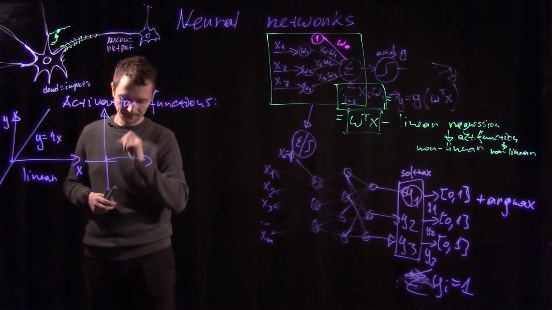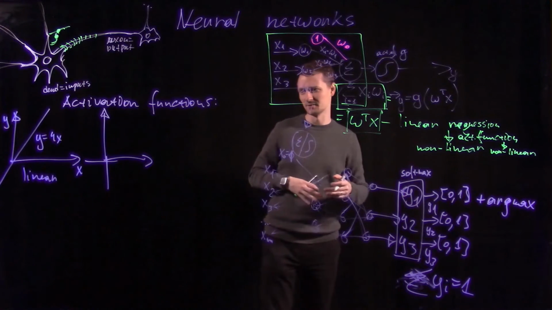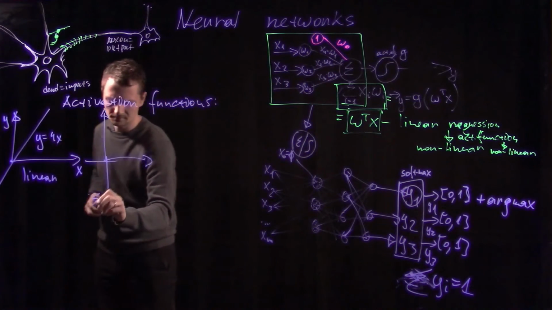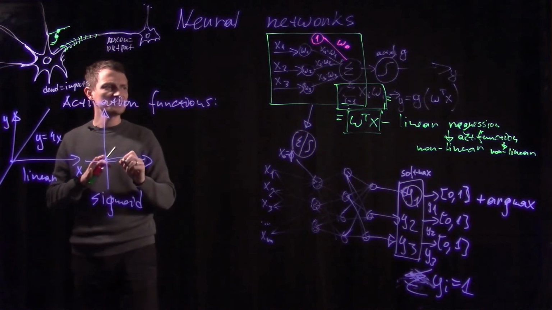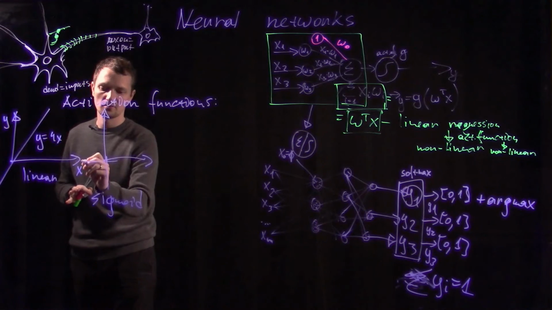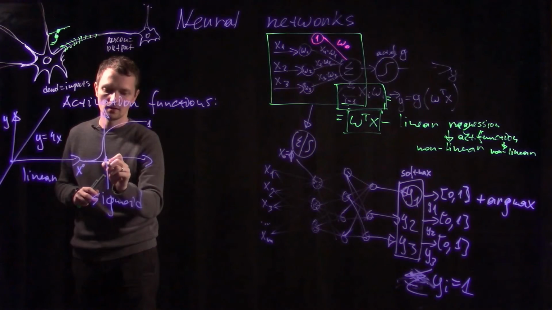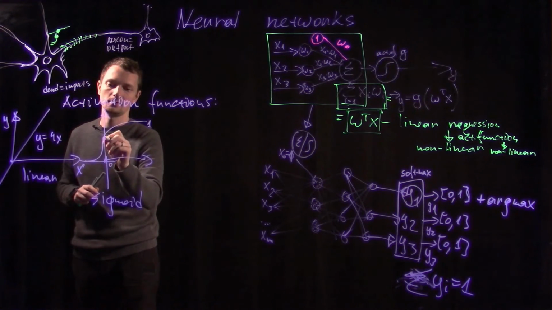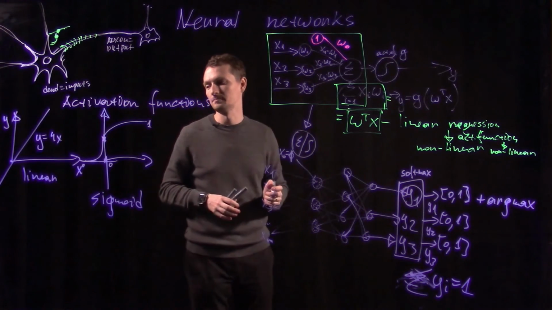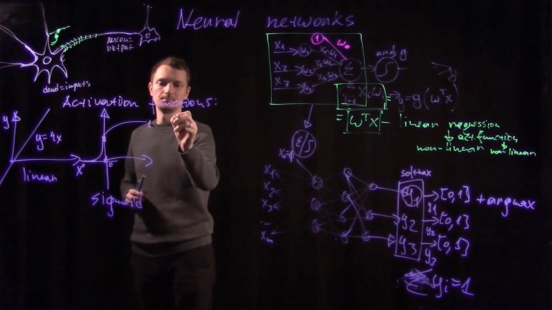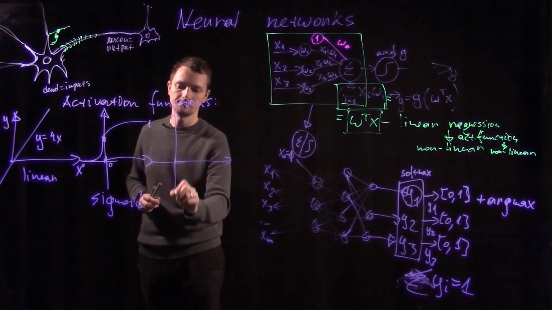For example, if you're talking about logistic regression, we already talked about the sigmoid activation function, where basically you have the values from 0 to 1 as output, and the middle of this S shape is at the point of 0. Then you also have a very interesting activation function.